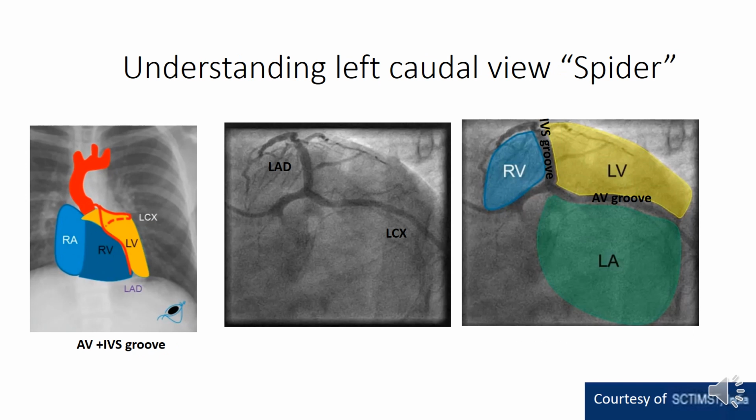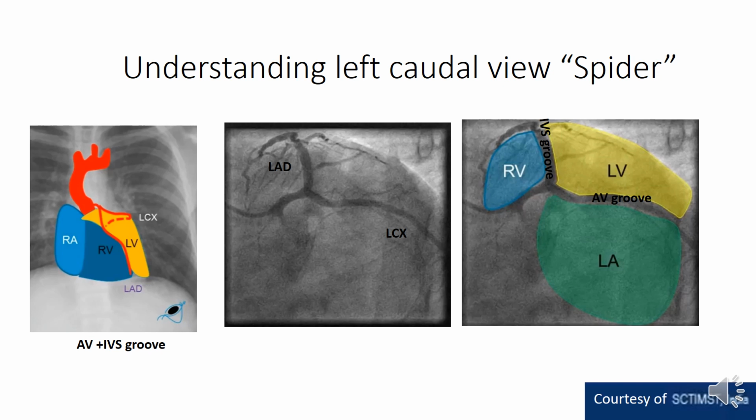The last important view from the four orientations is the left caudal view. We are looking to the base of the heart from the caudal orientation. So this is the base of the heart, and here is the left main coronary artery branching into the left anterior descending artery, which is running on the front surface of the heart, and circumflex artery running on the lateral surface of the heart.